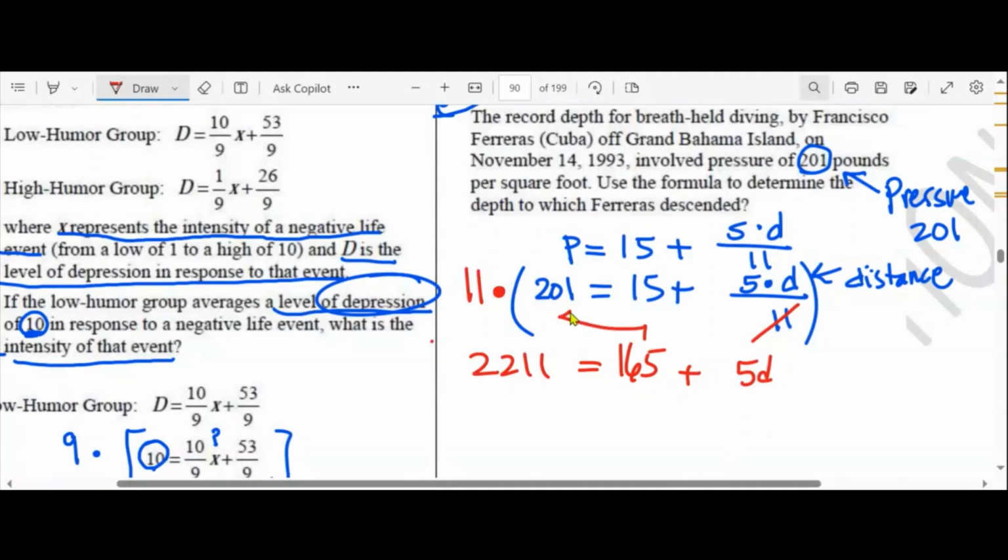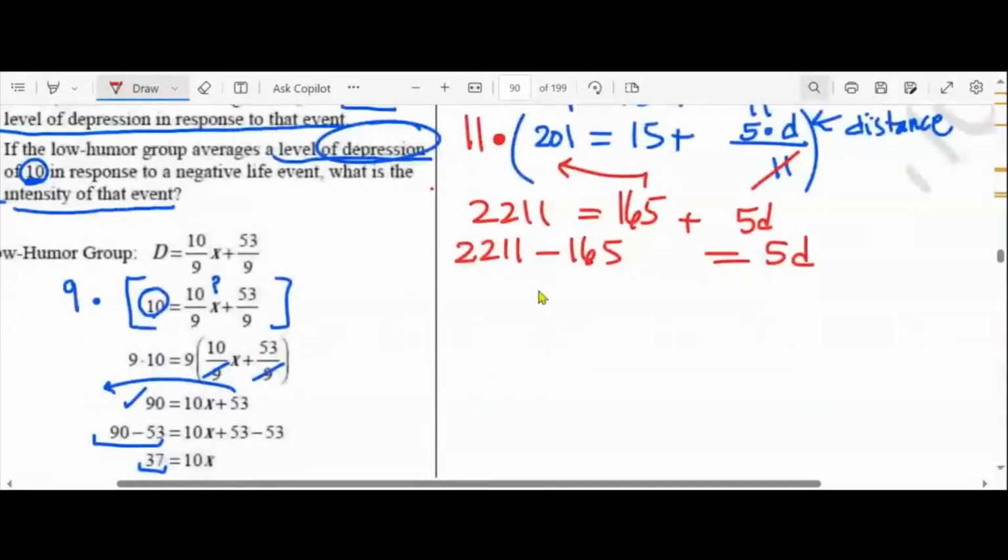Now what should I do with the numbers? Move it to the left side. So you get 2211 minus 165 equals what? Subtract, use the calculator. 2046. 2046 equals 5D.